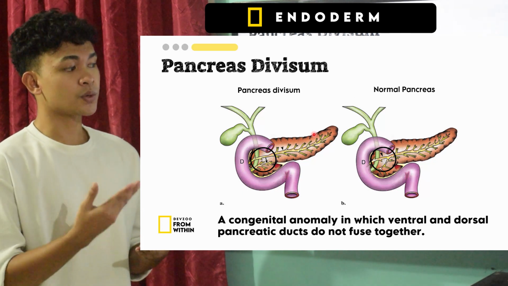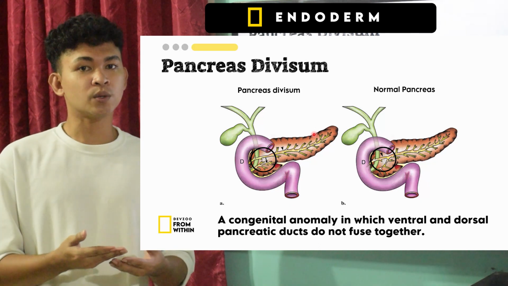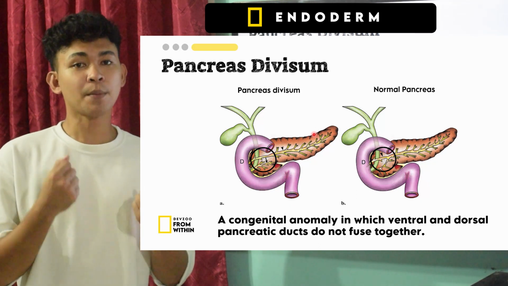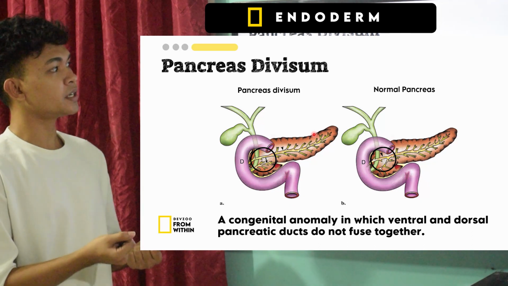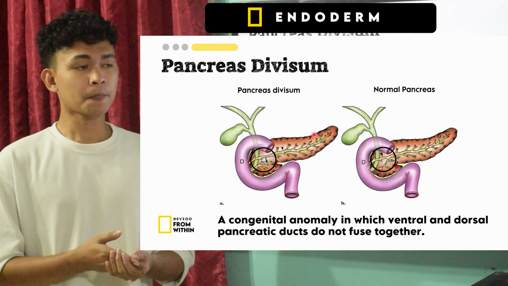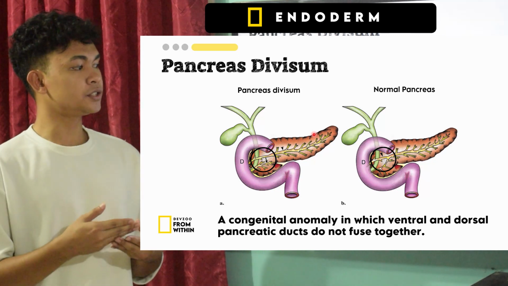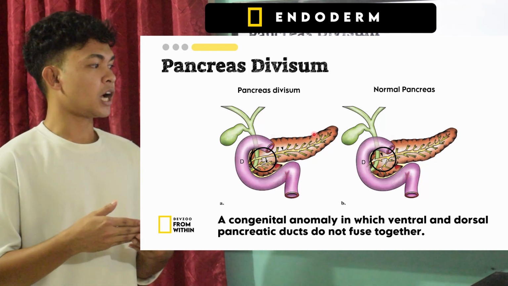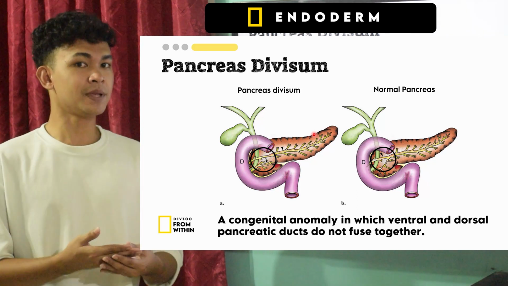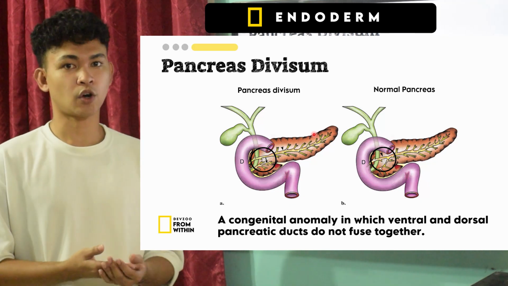It will pass through the minor papilla and will enter the duodenum where the chemical digestion occurs. Whereas here in the pancreas divisum, the majority of the pancreatic enzymes are drained by the dorsal duct. It will pass through the major papilla and go to the duodenum.